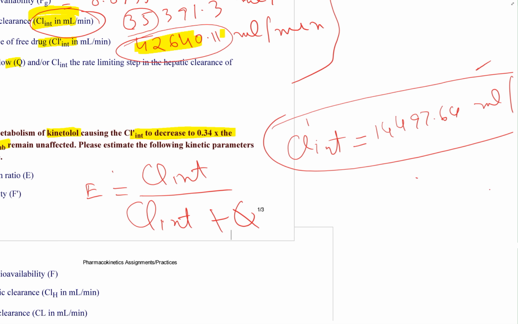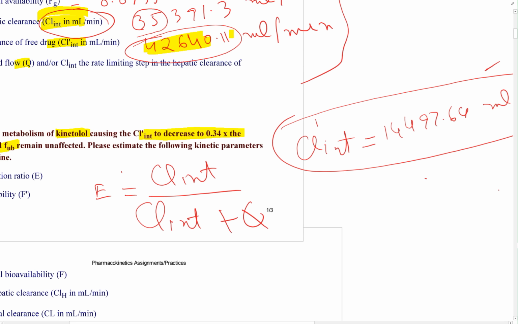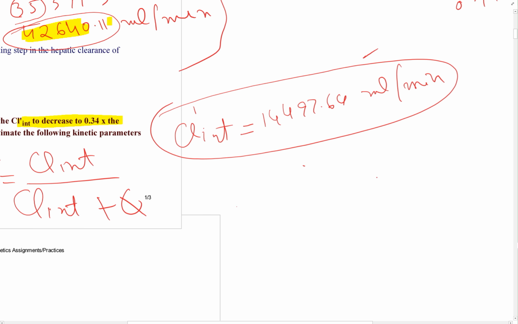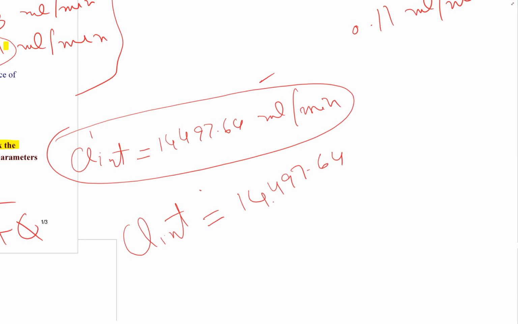For this, we first have to calculate the hepatic intrinsic clearance. We have calculated the intrinsic clearance of free drug. So hepatic intrinsic clearance would be, with CLINT prime equal to 14497.64 milliliter per minute.